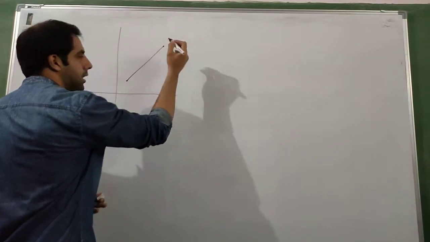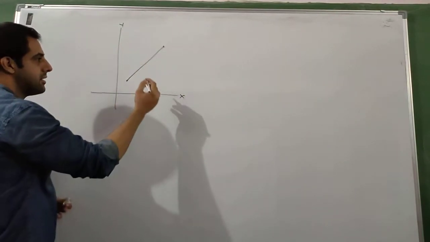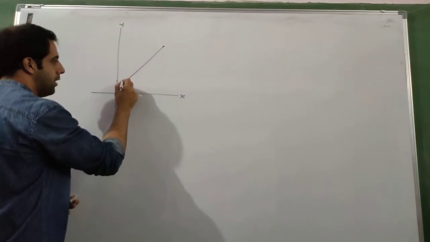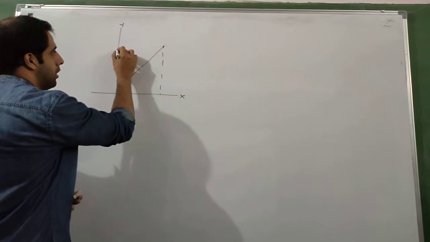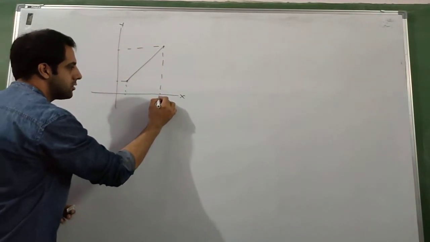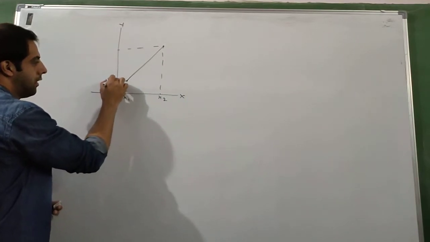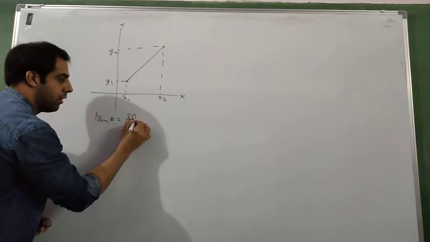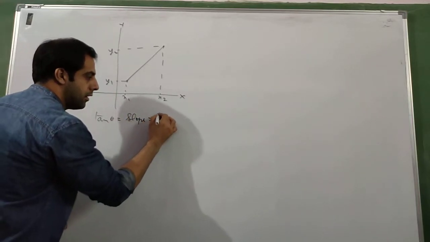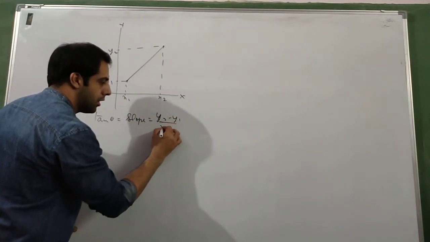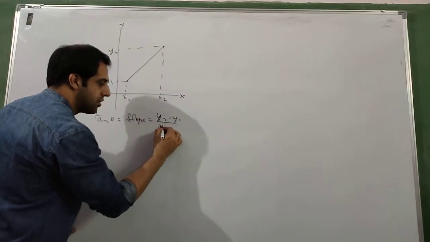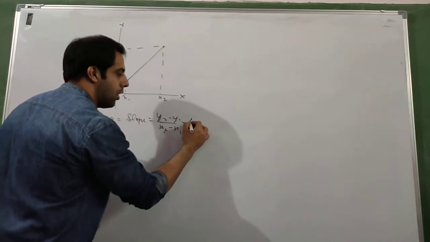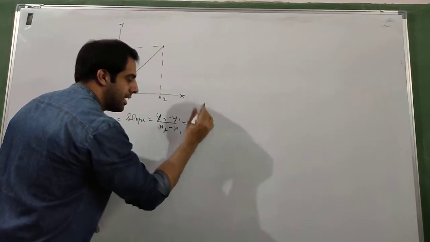We took a curve on the xy axis and we took the x and y values of each point, and we calculated slope by using this formula: y2 minus y1 upon x2 minus x1, or delta y upon delta x.